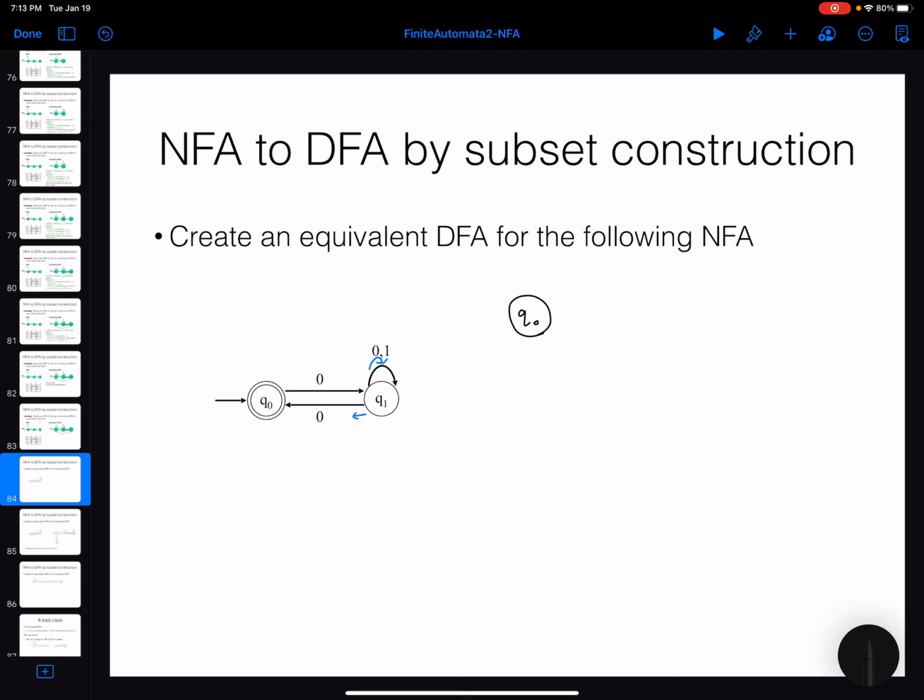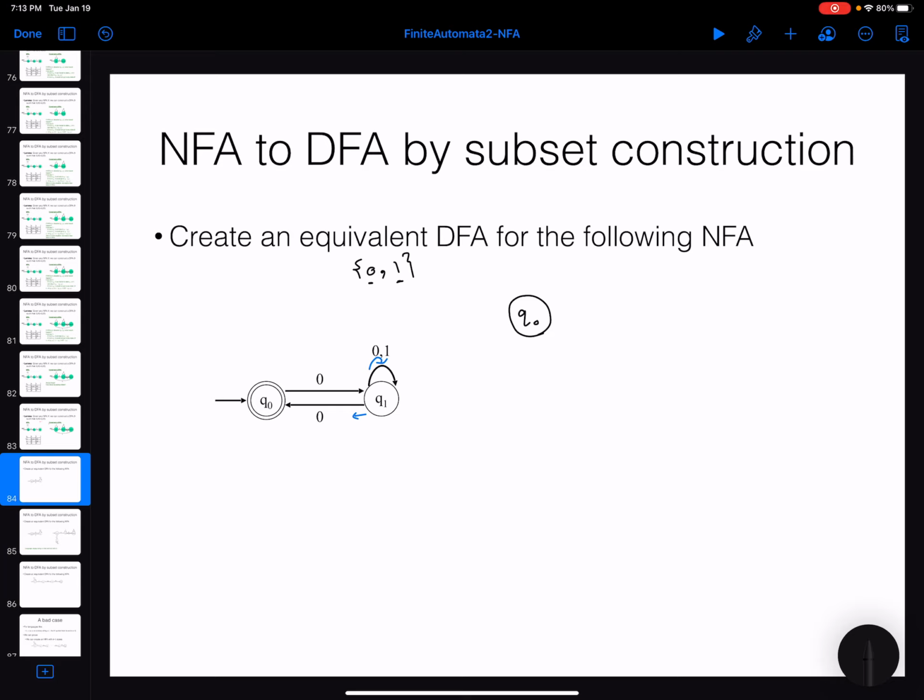Always when you start your machine, you will be in your starting state. Then your alphabet is going to be the binary alphabet. So for each of the possible input symbols, you are going to check all the transitions.